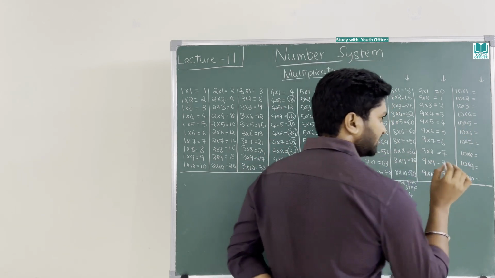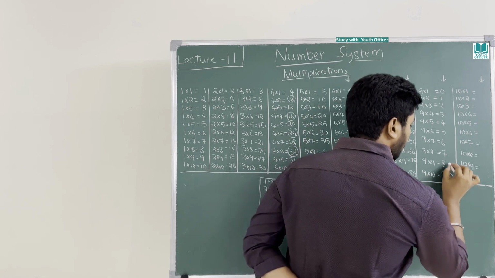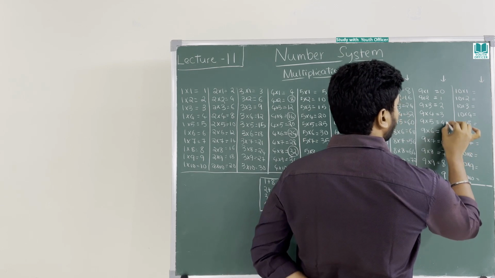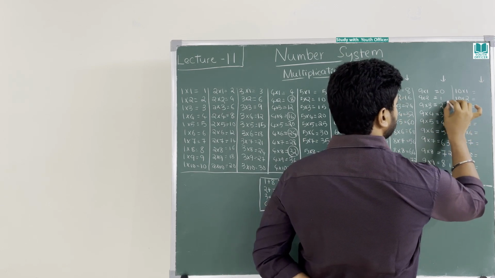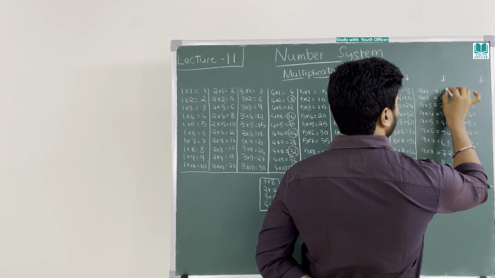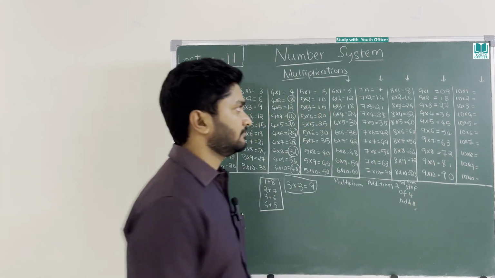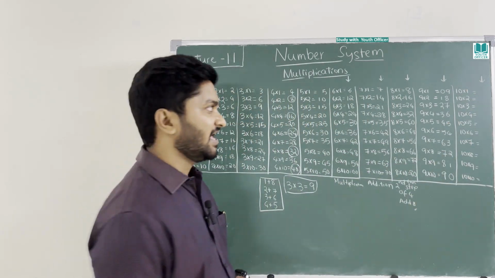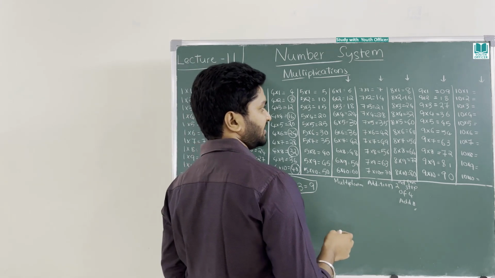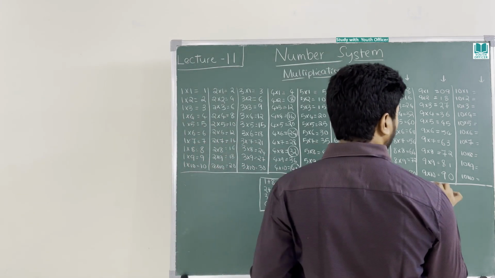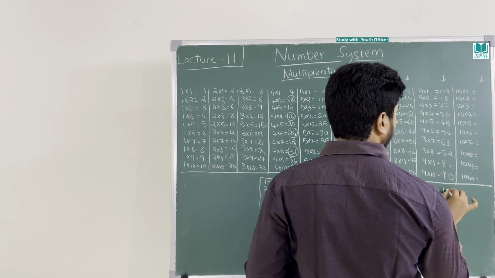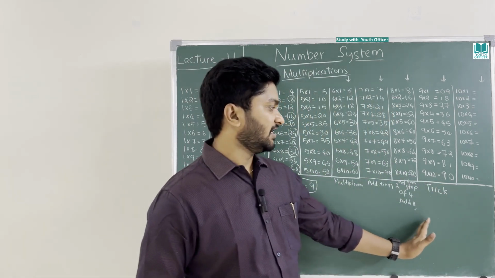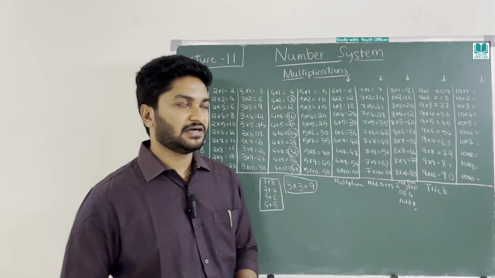Again watch it carefully. 0, 1, 2, 3, 4, 5, 6, 7, 8, 9. I told you, I just used a trick. Each one I am using a different method.